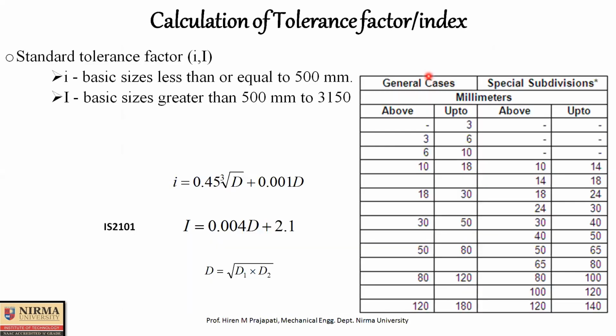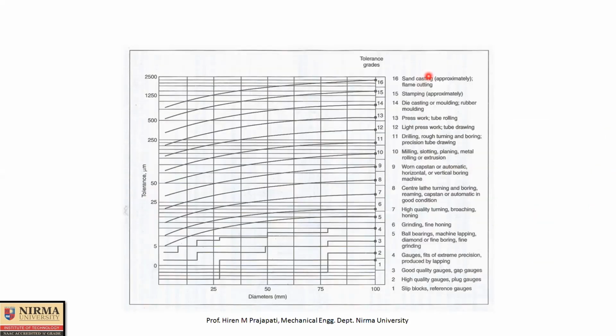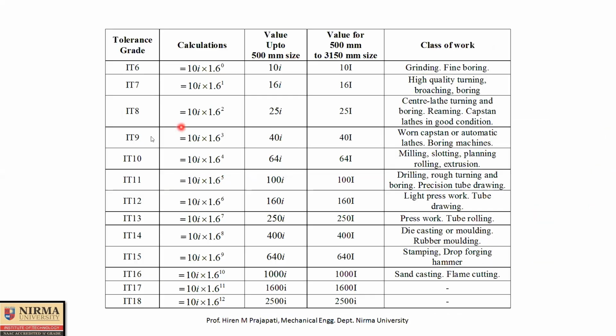Now next we move further. How do we find out those tolerance values? How to find the IT1 value, IT2 value? If I move you back to the previous slide, IT6, IT7, all these IT grades are given in terms of one series. Here IT6 is equal to 10 times small i into 1.6 raised to 0.